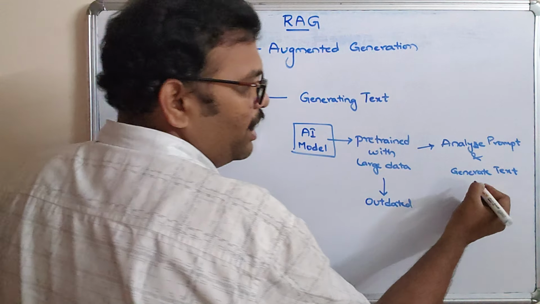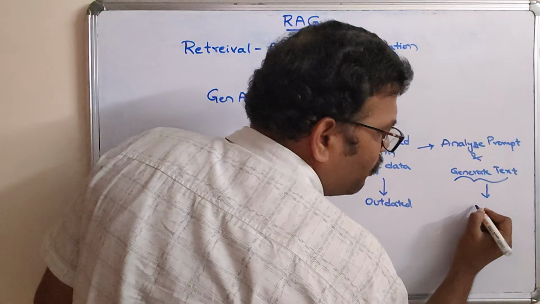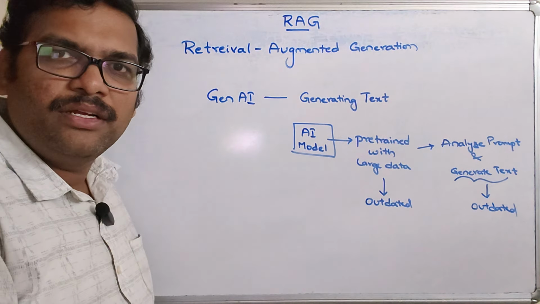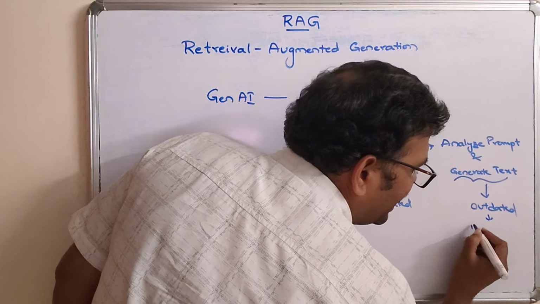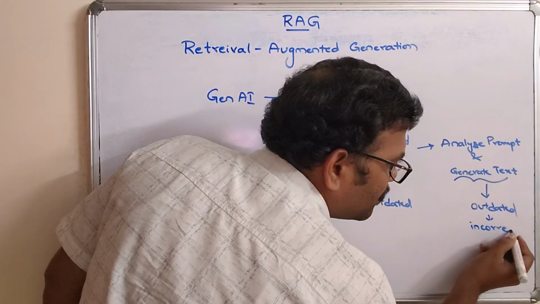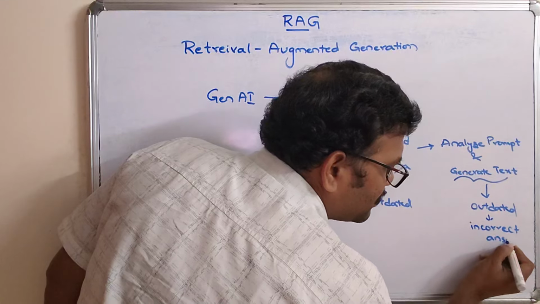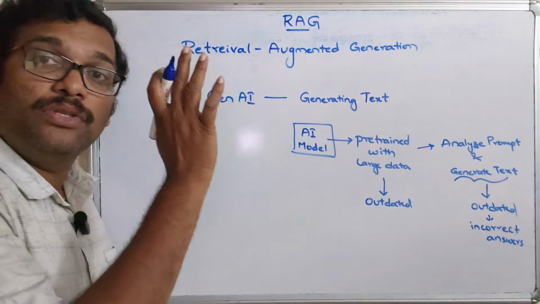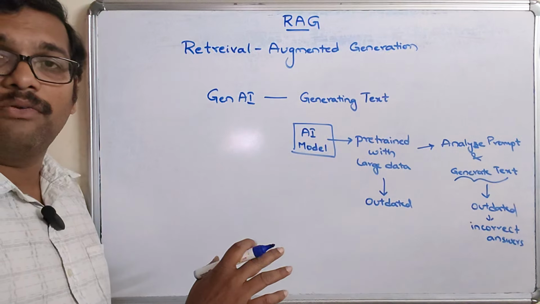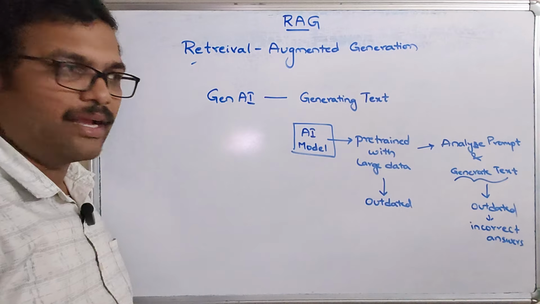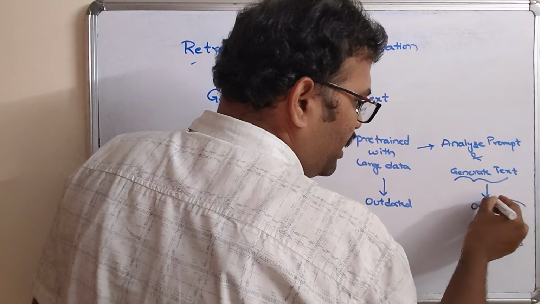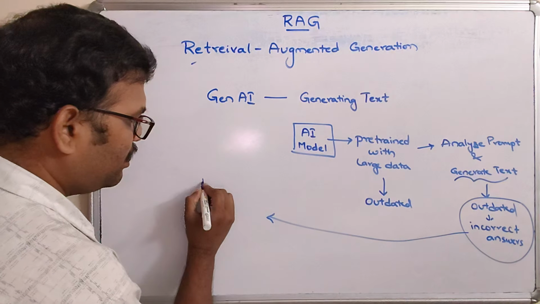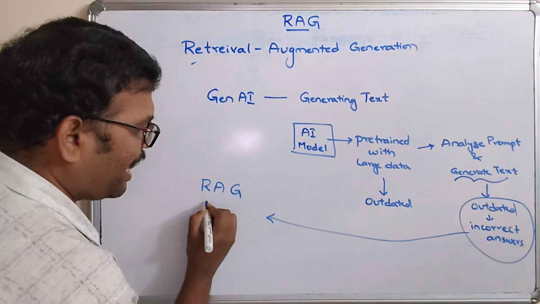Obviously whatever text is generated will also be outdated, and sometimes it will give incorrect answers. So how to resolve this problem? This problem, outdated or incorrect answers, can be resolved by using the concept called RAG.